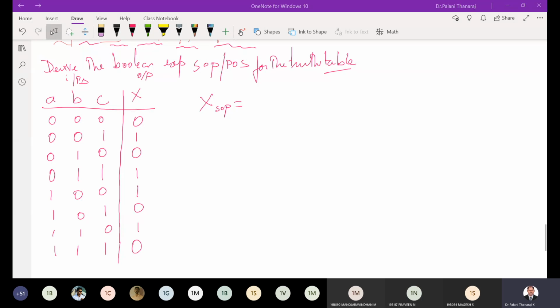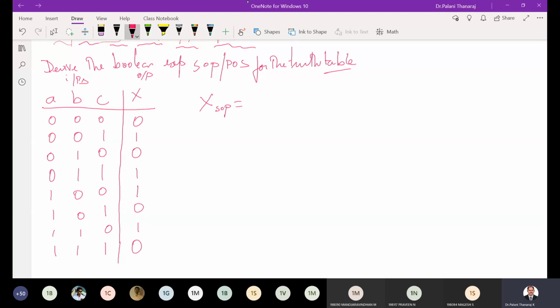Even if you get a wrong answer, I will give step marks. The important aspect is that you try and proceed with the problem. The final answer doesn't matter to some extent. If you do some steps, I'll certainly give step marks. Only if you leave the question unattended, then 0 marks. So I want a volunteer to tell me how to proceed with this SOP form.